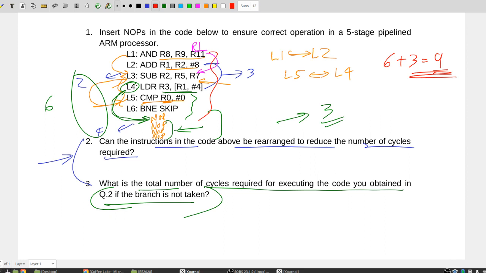Anyone? How many cycles will it take for 9 instructions to complete? How many cycles will it need to fill the pipeline?